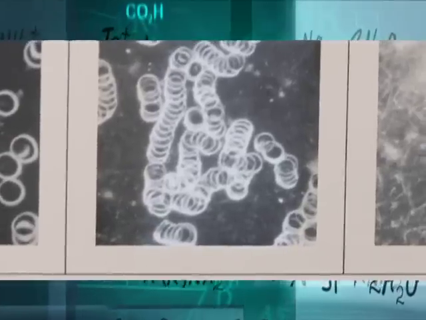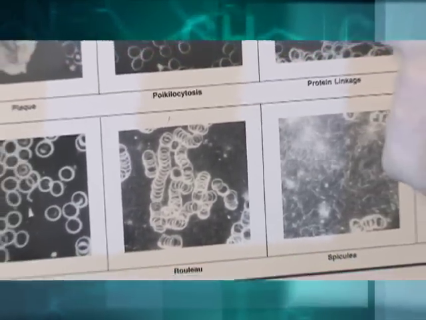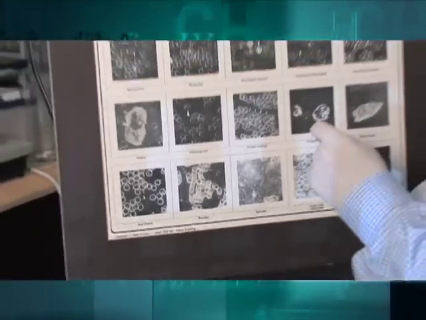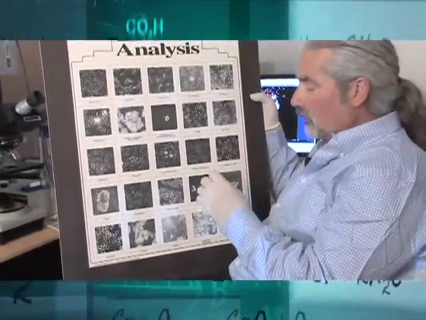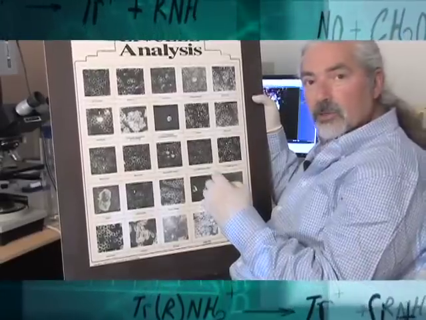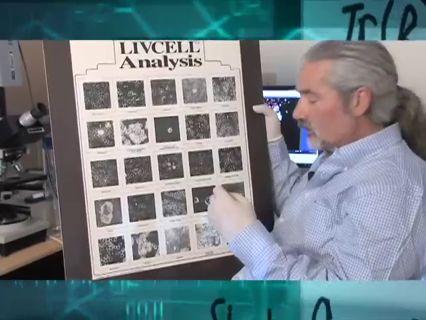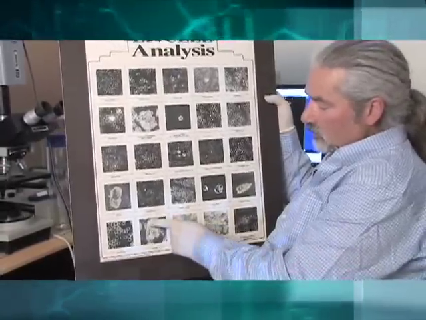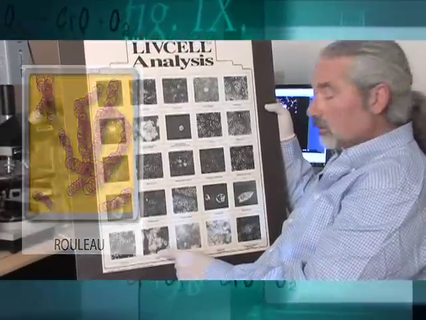As I stated previously, the process of red blood cells sticking together actually starts with a process called protein linkage, where the ends of each of the red blood cells stick together like links of sausage. If the problem continues with the reversal of the polarity on the red blood cell and more acidity in the system, the cells start to stack up, and that's referred to as rouleau.